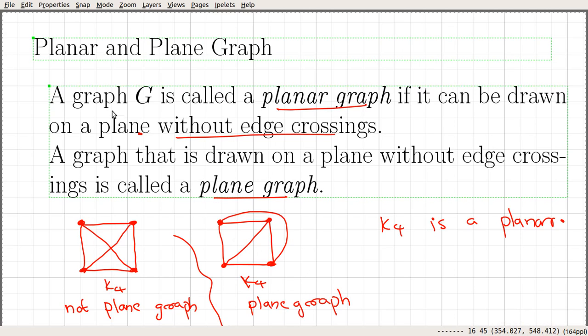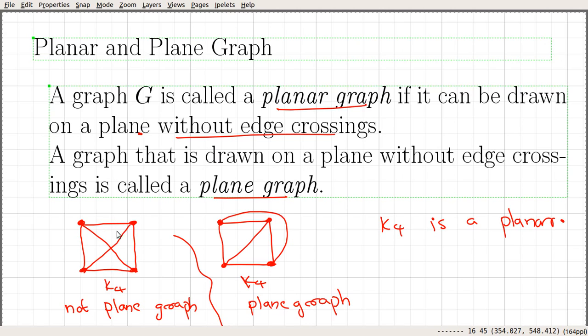Remember, a graph G is called a planar graph if it can be drawn on a plane without edge crossing. Here K4 can be drawn on a plane without edge crossing, so K4 is a planar graph. A planar graph can be drawn in many different ways, something like this and this. A graph that is drawn on a plane without edge crossing is called a plane graph.